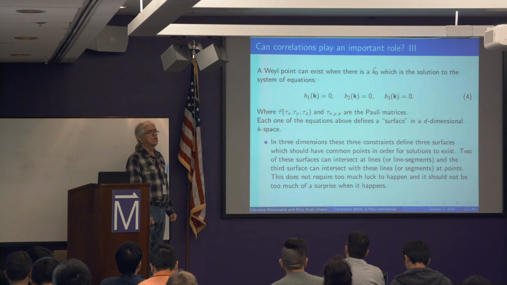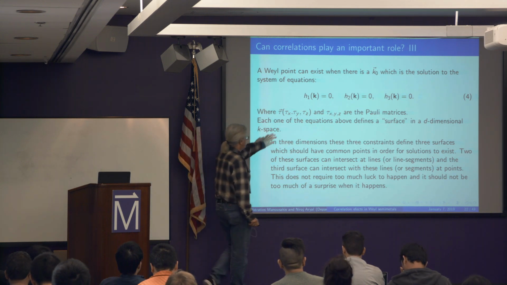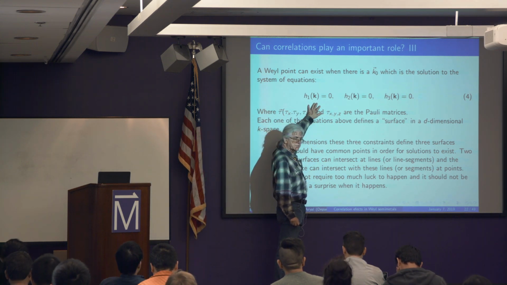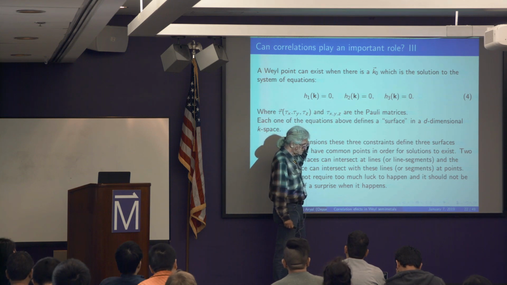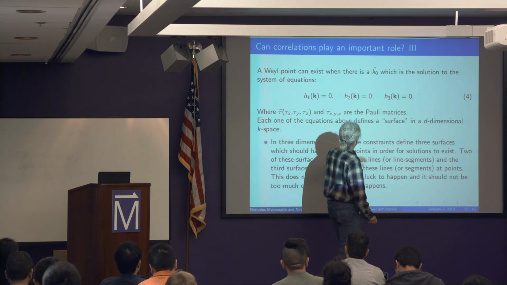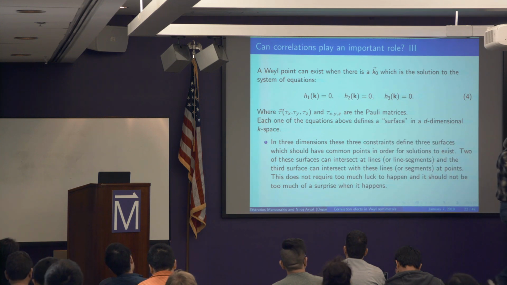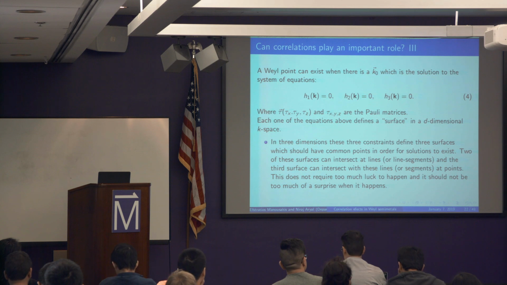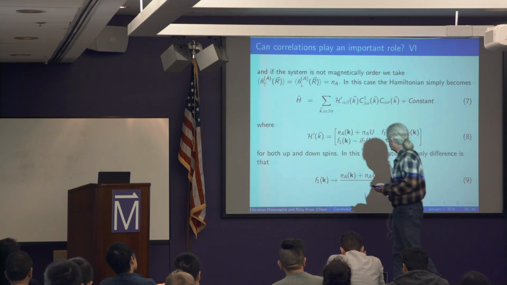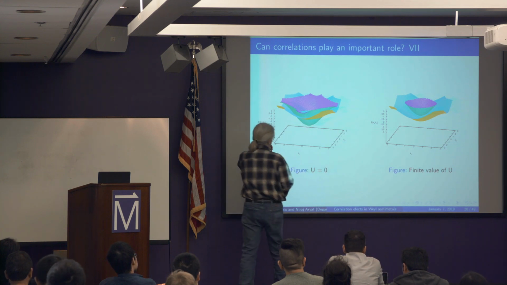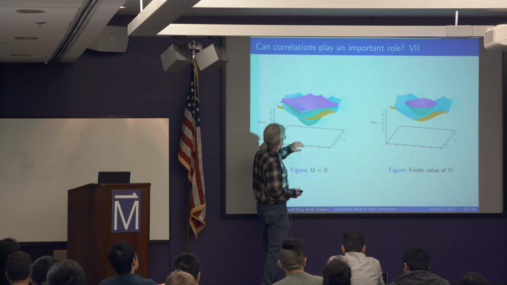Okay? So how do I find these accidents? This defines a surface in three dimensions, just like the Fermi surface. This defines another surface, and this defines a third surface. So I have to have two surfaces intersecting first, and that will define a line. So I have two surfaces which intersect.